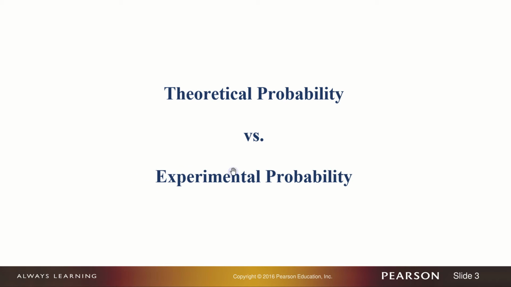As it turns out, the more you run the procedure using experimental probability methods, the closer the result is going to get to what theoretical probability would have provided for you if you knew the exact number of favorable outcomes and the exact number of total possible outcomes.